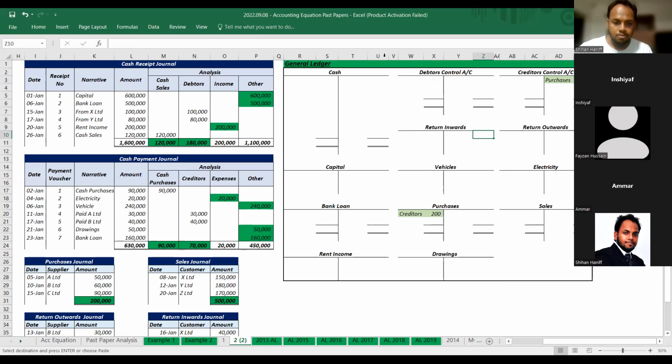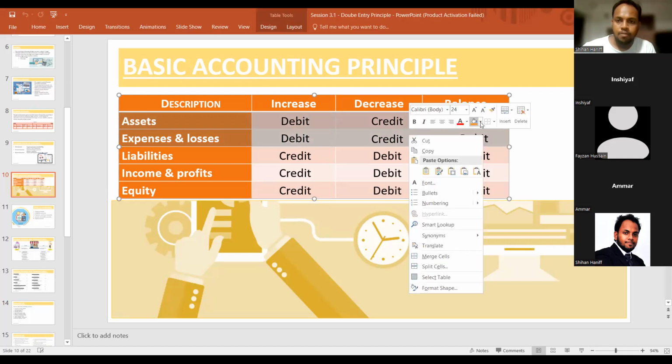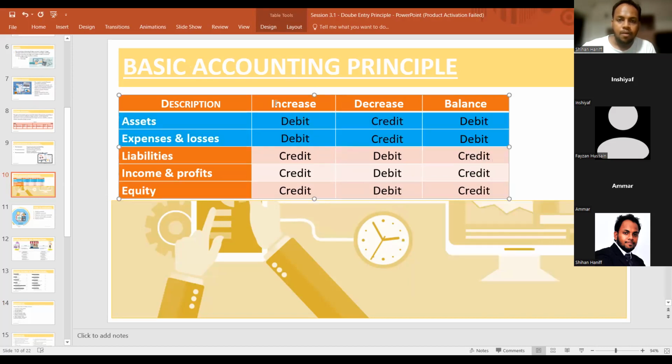There is a question: can you show the double entries? Okay, yes. This is the accounting principle we use for double entries. Assets and expenses, increase debit, decrease credit. And liabilities, income and equity, increase credit, decrease debit.